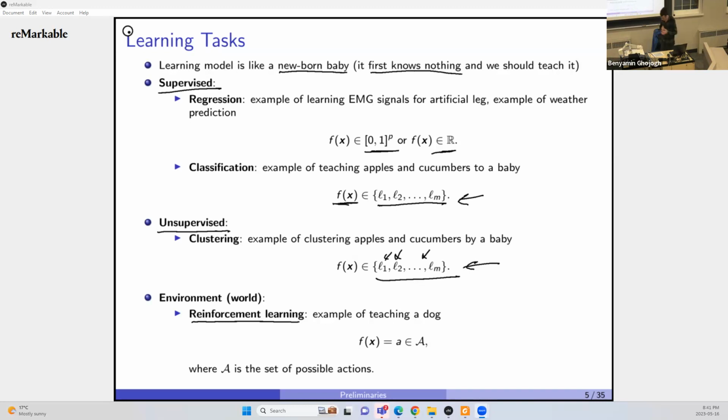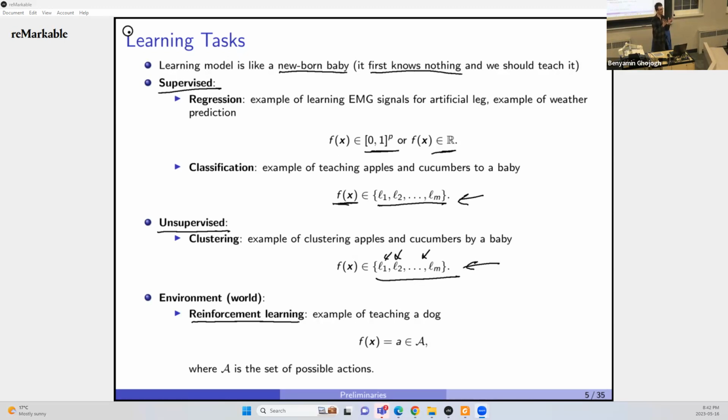Okay. So reinforcement learning is exactly like your machine learning model is like a dog. It doesn't know anything. You want to train it, and you use that approach in order to train your machine learning model. So you have some environment, some world, and this involves, for example, the room and also my voice, and all of these can make the world of this machine learning model or this dog.